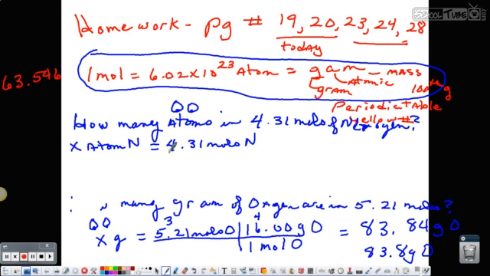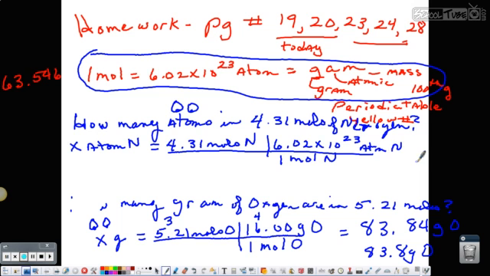nitrogen. Now look at my equality, my factor that I have up here. What do I need to get rid of? Moles. What's the number that goes with moles? 1. 1 mole nitrogen. Now which one of the numbers is going to give me atoms? 6.02 times 10 to the 23rd atoms.